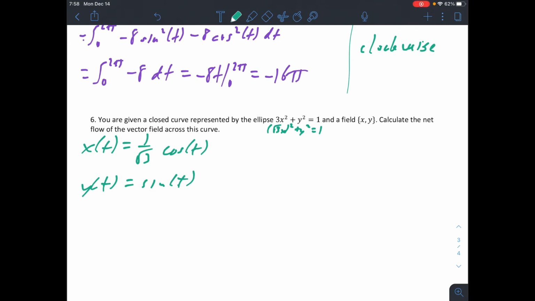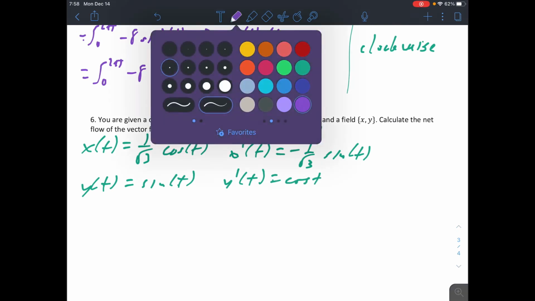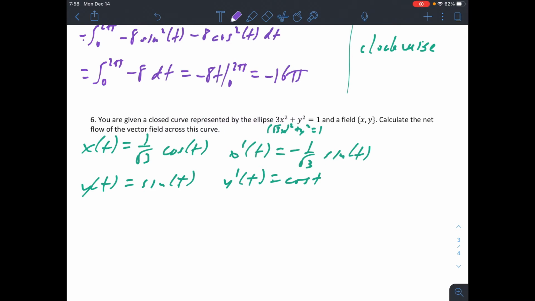Okay, and then again, taking my derivatives, x prime and y prime. So the key here is that we're trying to find the net flow across this curve.